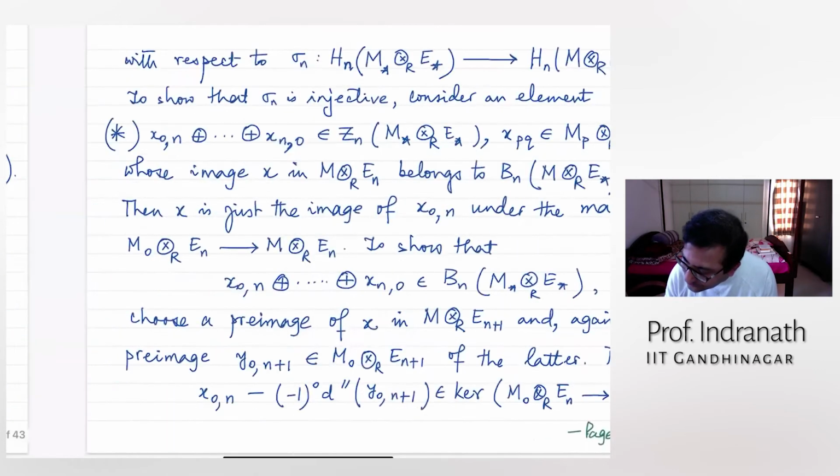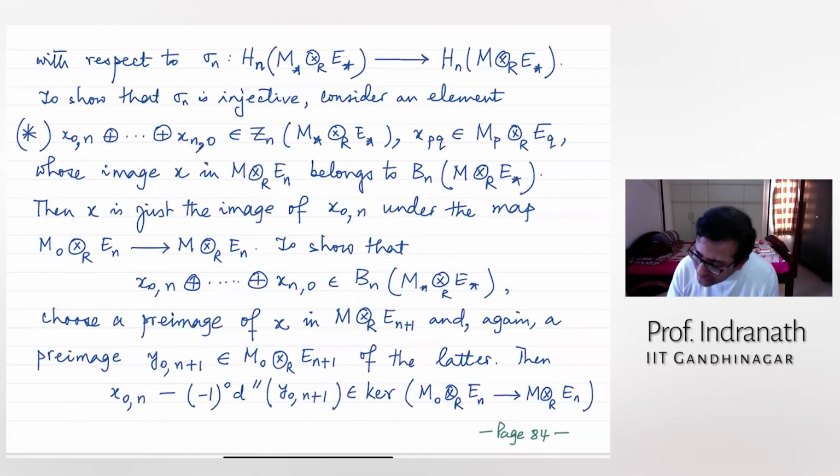Similarly, showing the injectivity is similar but simpler: you start with an element which is a cycle in the double complex, suppose this x_pq's image is a boundary, and if you follow the maps, you will see that it coming to zero means it has to be the zero element.